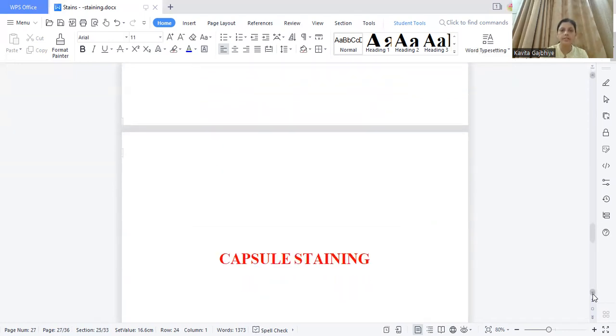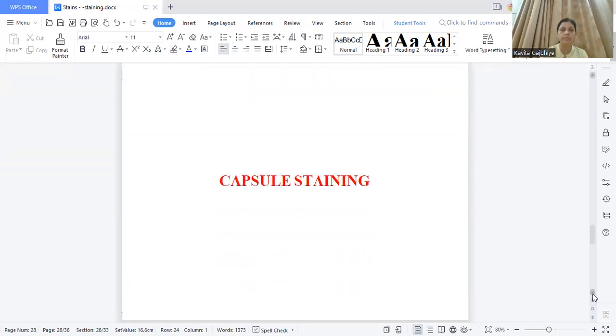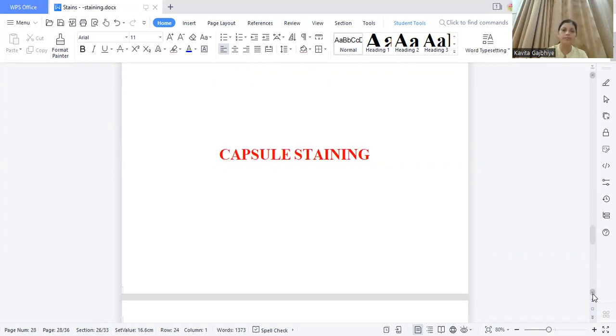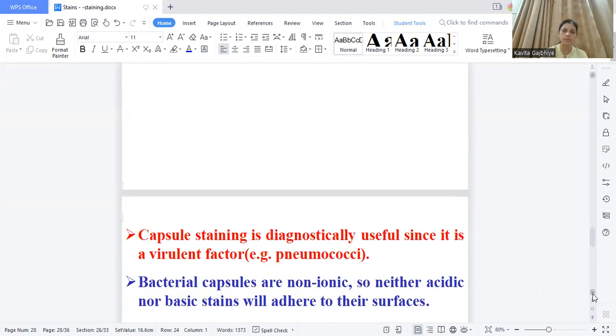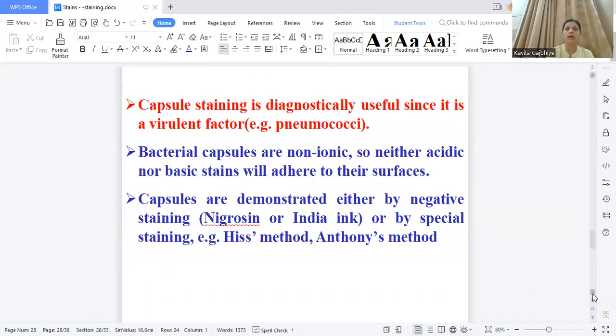In the special staining process, some specific components can be easily stained: capsules, flagella, granules. If we take capsule staining, what is the procedure? Capsule staining is diagnostically useful since the capsule is a virulence factor, for example in pneumococci.